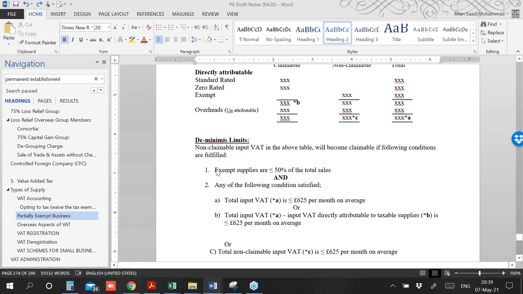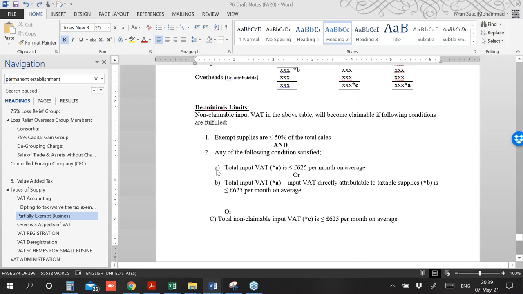Now, what are the tests? The first is if your total input VAT for the year is less than 625 per month on average. If you multiply it by 12, it becomes 7500. So if the question has given you the data in the annual format, you can multiply this limit by 12.